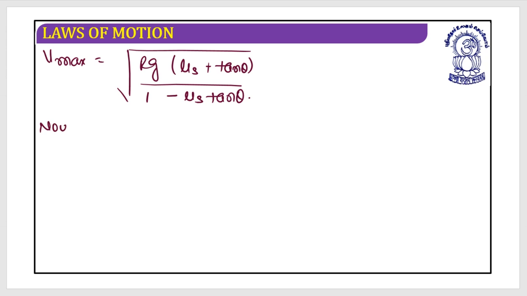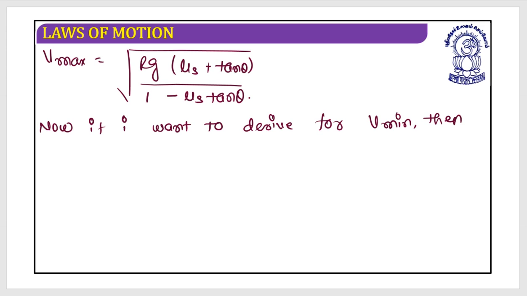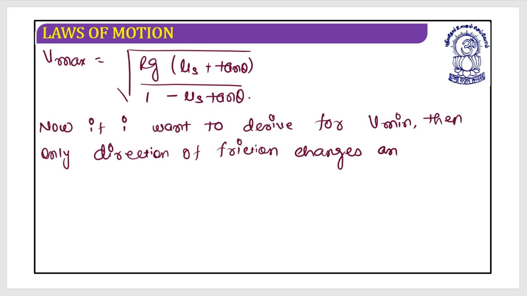Now if I want to derive this for V minimum, then only the direction of friction changes, and the rest of the things will be the same.